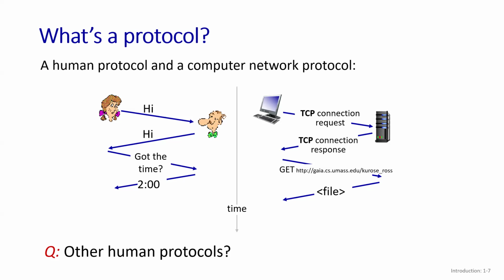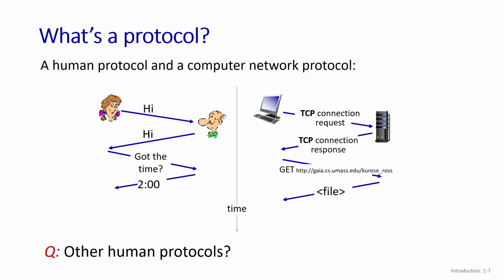So there's a TCP connection request. If the server is ready to communicate, the server is going to reply back with a TCP response. And then in the third message, this host is going to send a GET request to access this web page. And then, of course, the server is going to serve the requested web page.